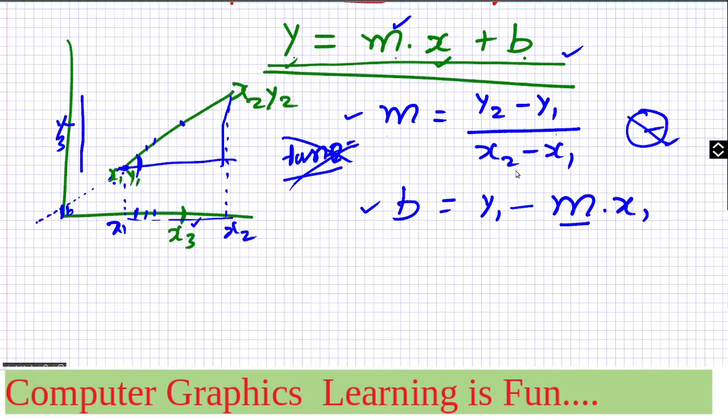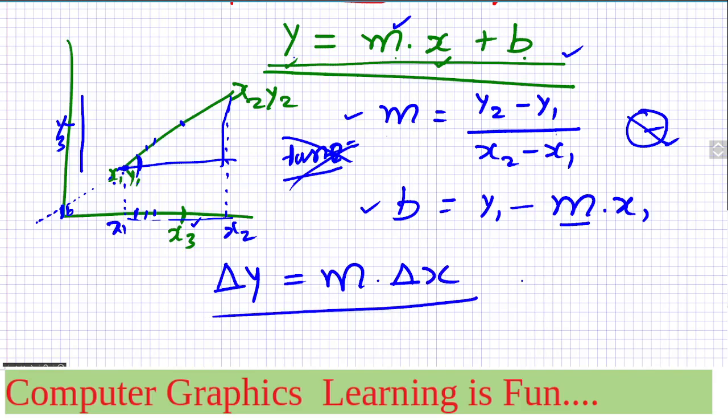Now how will we calculate that? Very simply, suppose you have to calculate delta y given delta x. What you have to do is very simple: it is m into delta x.